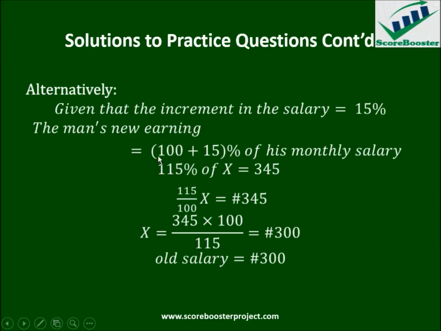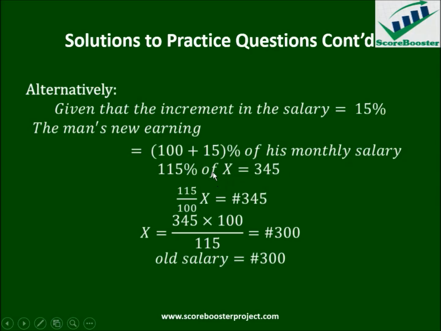Here, since the value has been increased by 15%, the 100% of the value plus 15% of it is the new salary of the man after the increment. So as a result, 115% of his original monthly salary is what he now earns, and that amounts to 345 naira.